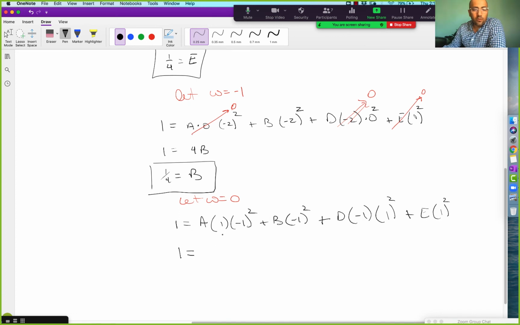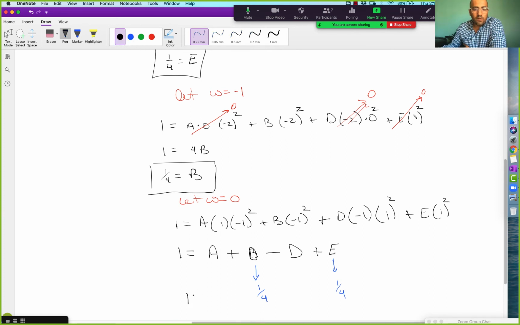So we end up with an equation of A plus B minus D plus E. Well, we already know a couple of these. We know that B was equal to 1/4, and E was equal to 1/4. So we're getting a little closer.